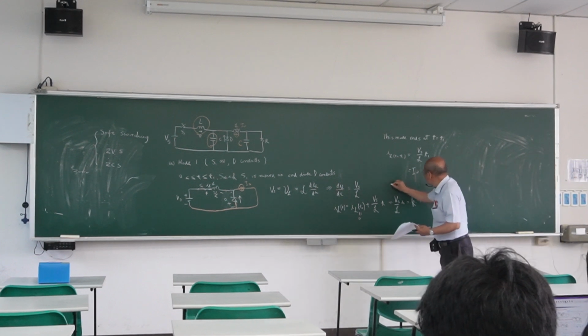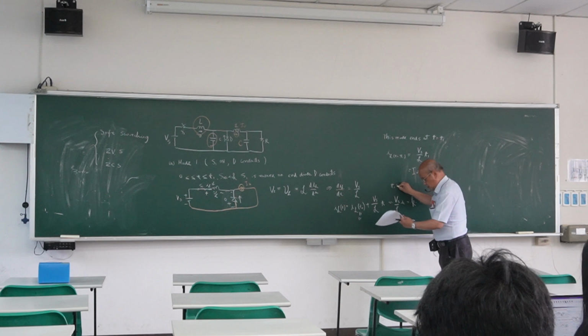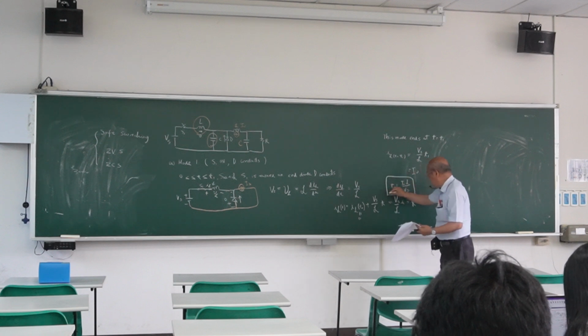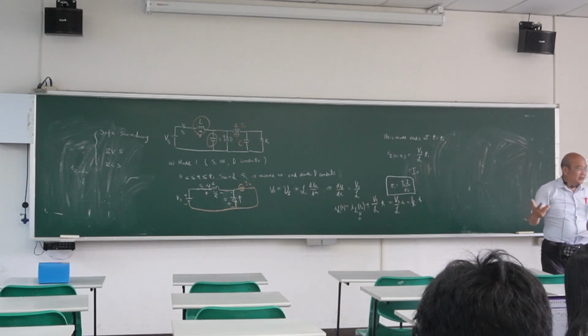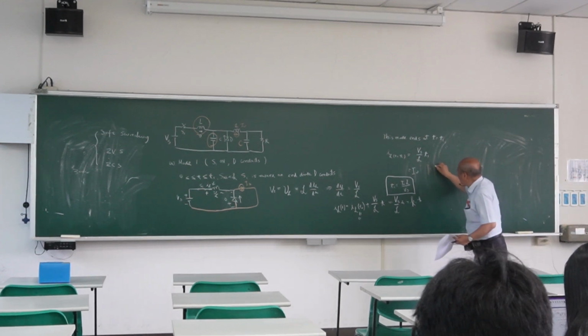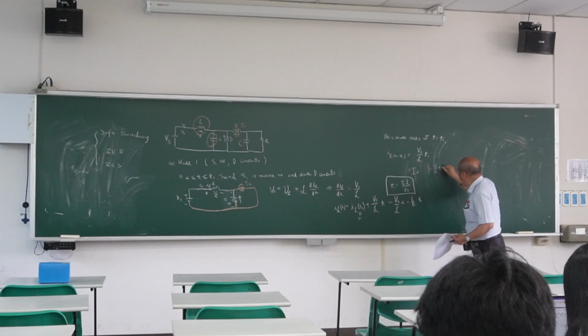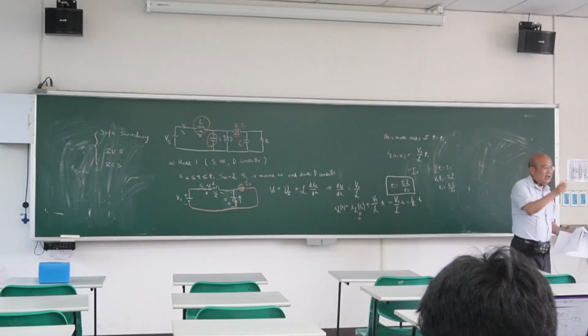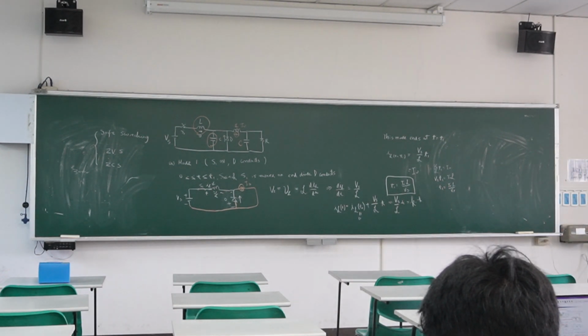We can solve T1 equal to I0 L divided by Vs. So this is the time you require. So Vs over L times T1 is I0, so Vs T1 is I0 L, so T1 is I0 L over Vs, right? So you can compute the time interval T1.